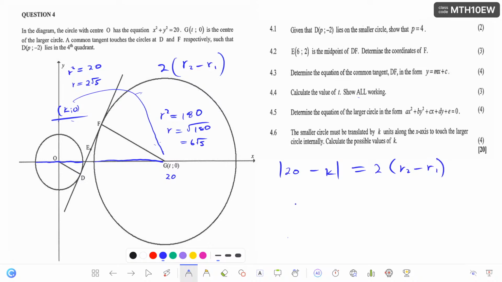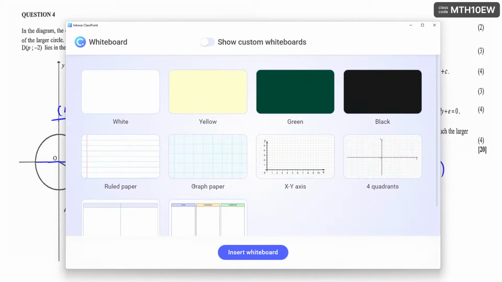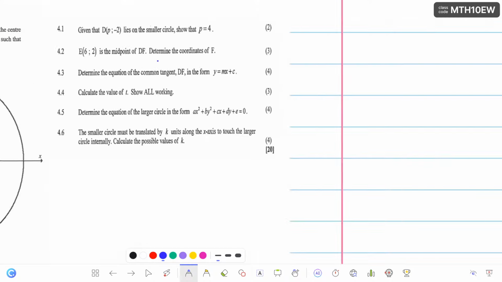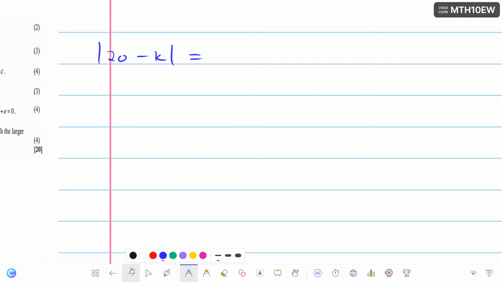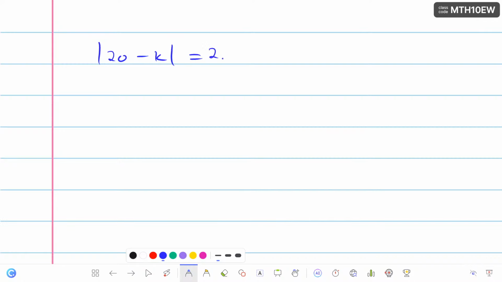So okay, let me open a new whiteboard. So I'm saying the absolute value of 20 minus k units is equal to twice R2 minus R1.